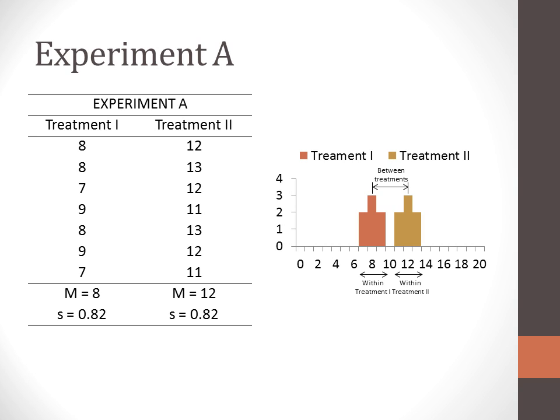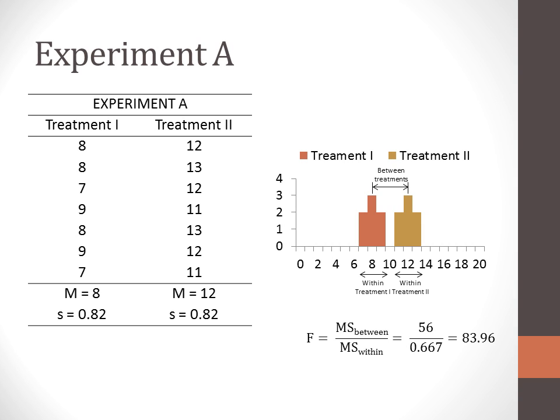This observation can be confirmed by comparing the F ratio for experiment A. So if we were to calculate the mean squared between and the mean squared within, we get the following values: 56 for the mean squared between and 0.667 for the mean squared within.